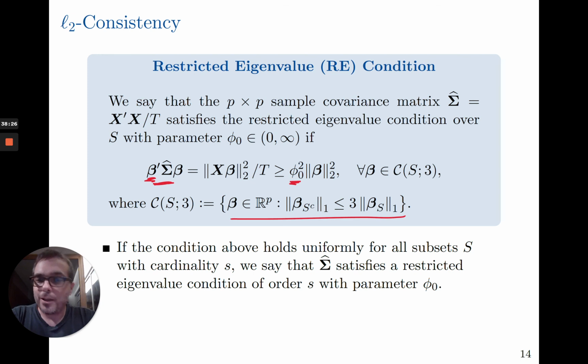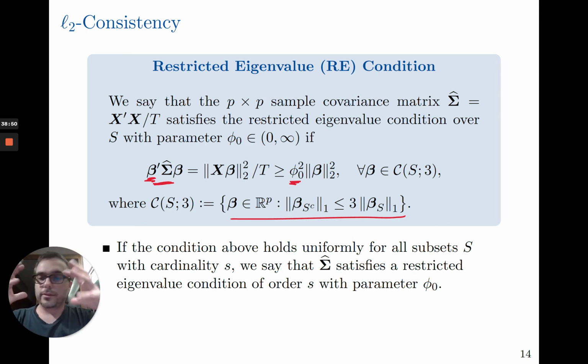So the question is, which kind of data satisfy this restricted eigenvalue condition? There are a lot of papers showing that. Basically, for IID Gaussian variables, this condition will hold. For sub-Gaussian variables, this condition will hold.